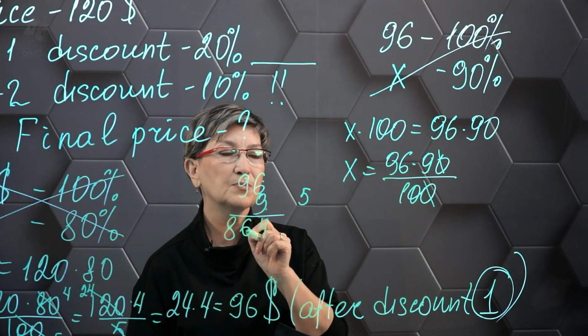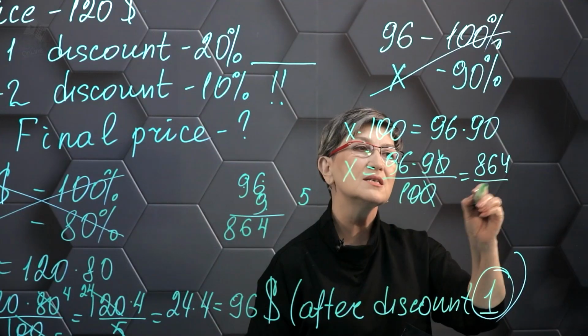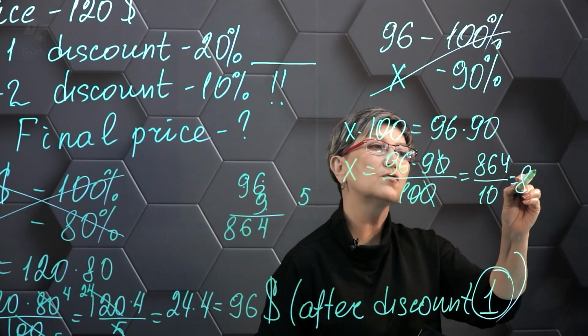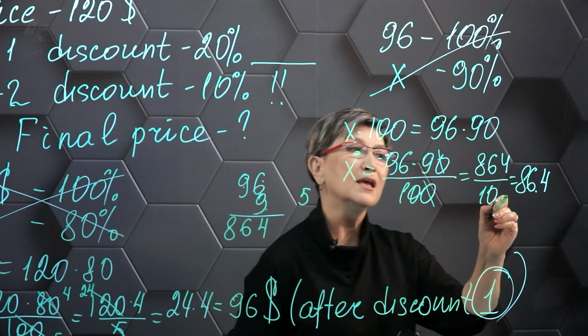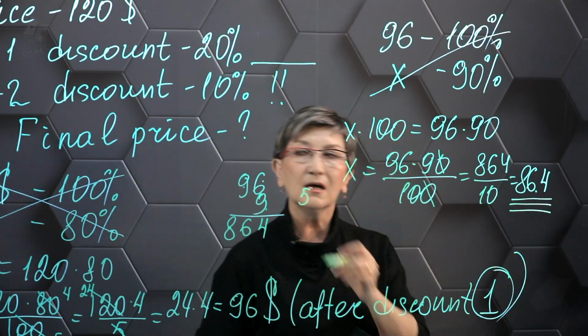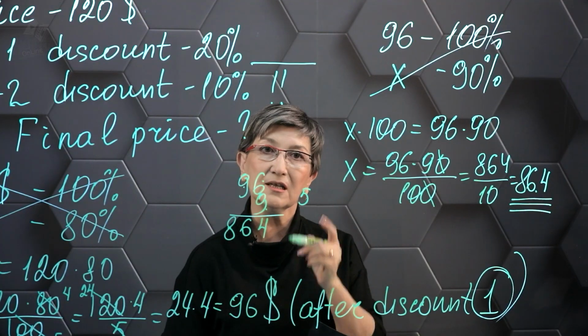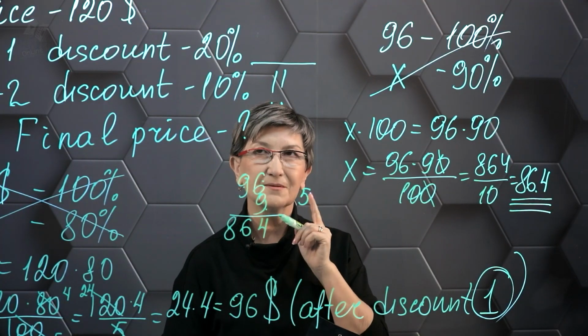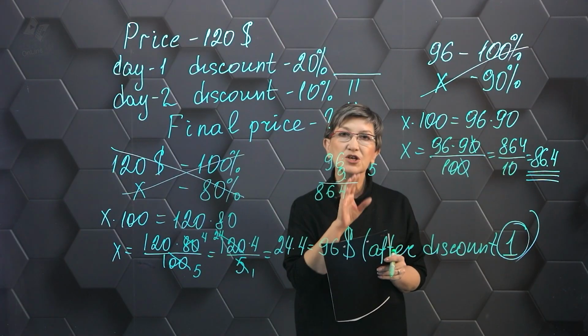So our result is 864 divided by 10. And that would be 86.4. And our answer? The price of our product is $86.40.